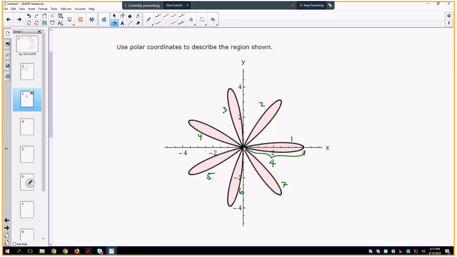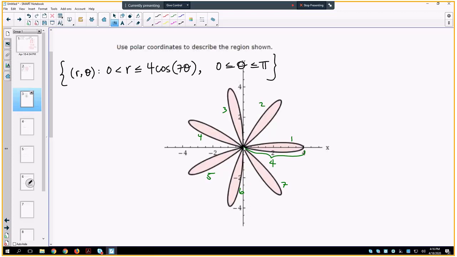And so I'll say that this is the set of all ordered pairs r comma theta, such that r is between 0 and the radius, 4, times the cosine of the number of petals, 7, times theta, and I take theta between 0 and pi.